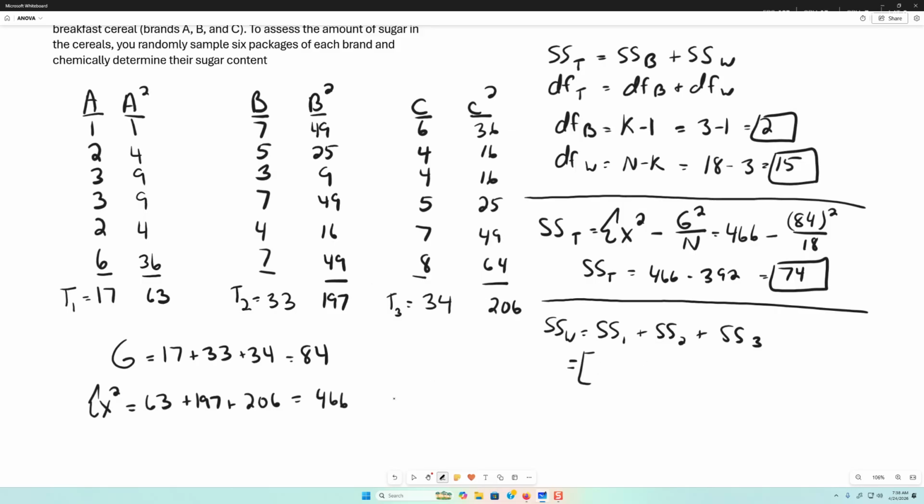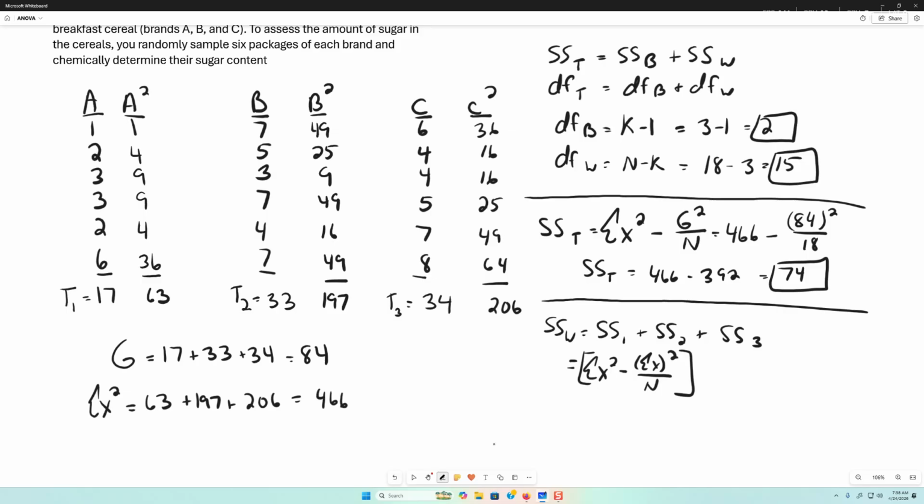So remember the sum of squares computational formula? It looked like this. The sum of x squared minus the sum of x quantity squared over n. That was the computational formula we did at the beginning of the course. So all I have to do is take this and plug in what I have here for A and then repeat it for B and C.